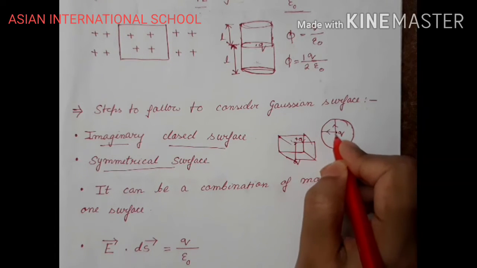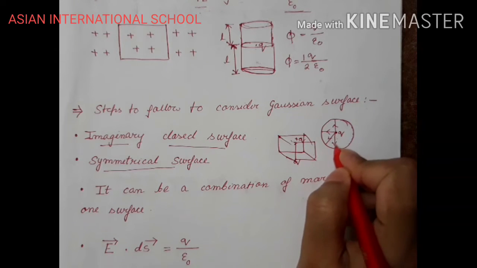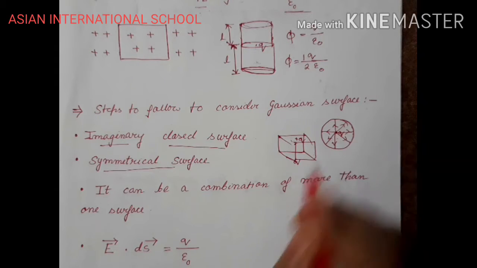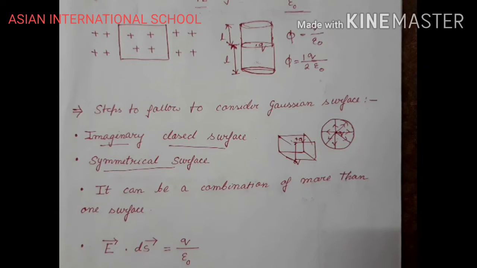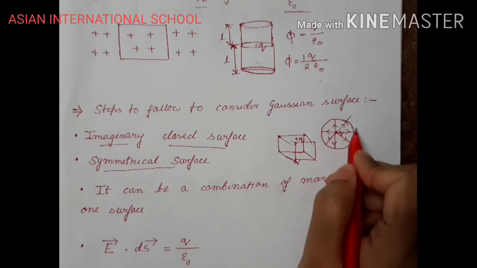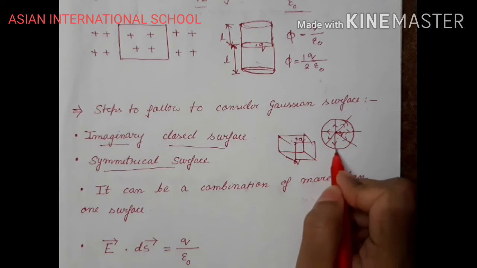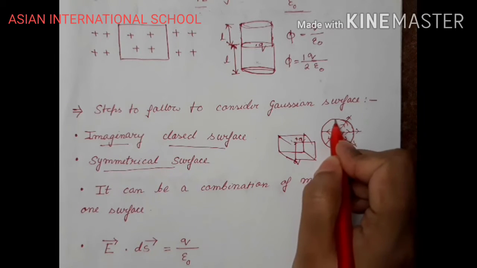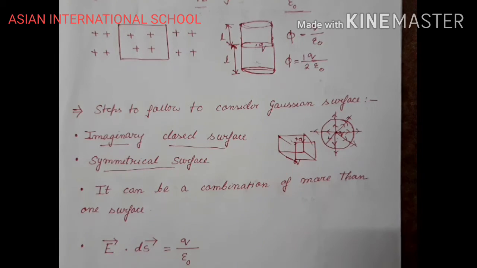In most cases we consider the electric field directed radially outward, and you see the electric field is symmetrical everywhere. The direction of the area vector at all points is also symmetrical. So theta, the angle between E and ds, is not changing. The angle between electric field and area vector maintains its symmetry at each and every point.